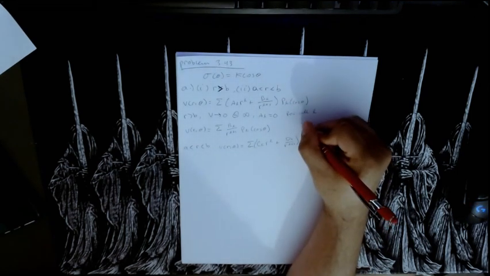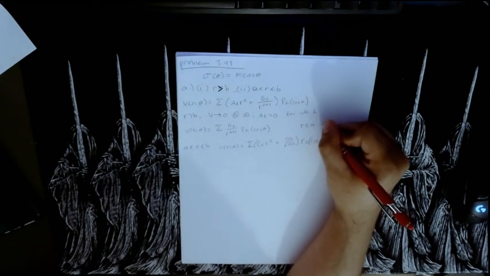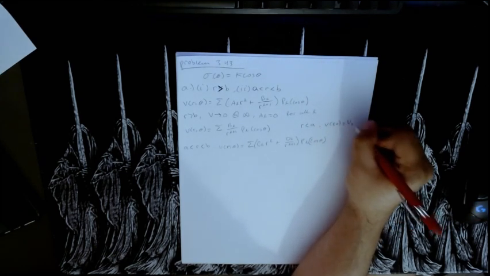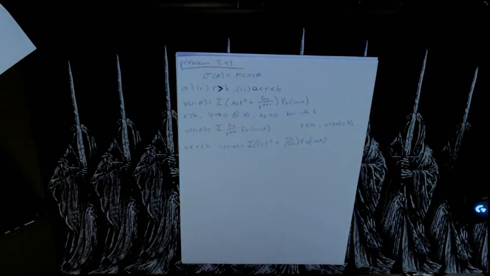And then of course when R is less than A, our potential is just going to be V naught.